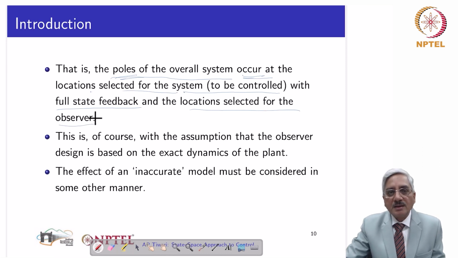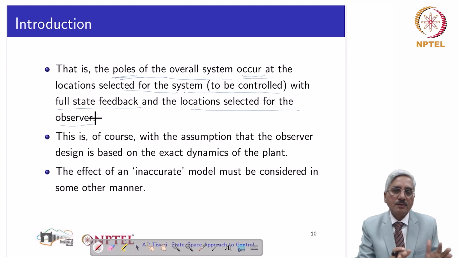So the poles of the overall closed loop system comprise the poles of the closed loop state feedback control system and the observer system.